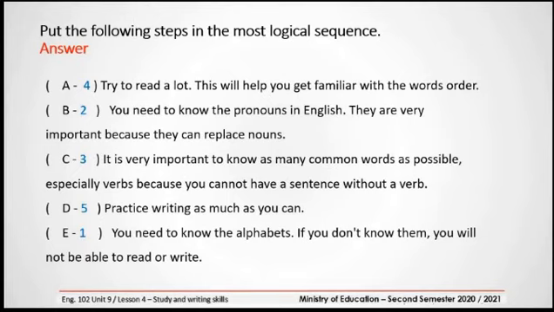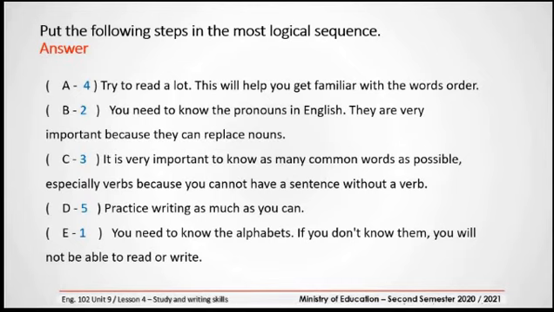If you are a good learner, you will know that B should be the next step. You should know the pronouns, الضمائر في اللغة الإنجليزية. If you don't know them, then you will struggle. You will not be able to know the comprehension that you have in a reading.